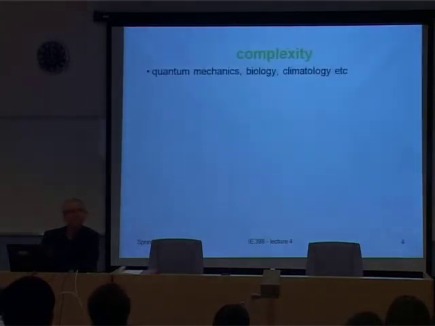Now let's go over to complexity. As I have explained before, and these articles show, two things happened in the 20th century in physics. The relativity and the quantum theories were proposed at the beginning of the 20th century.